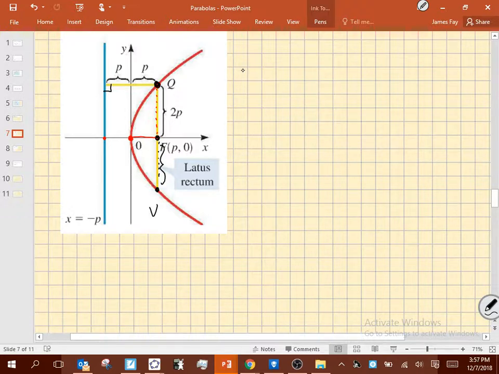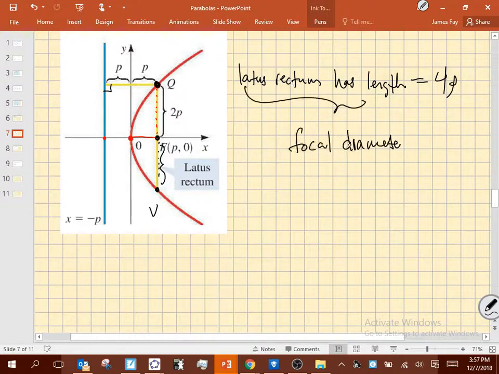So the latus rectum has length equal to 4p. Now that length, the latus rectum length, is usually called the focal diameter, meaning that it's the distance of the segment that passes through your focus with endpoints on your parabola. Those are 3 points that are pretty good to use. The vertex and then the endpoints of your latus rectum are pretty good points to use to graph every parabola.